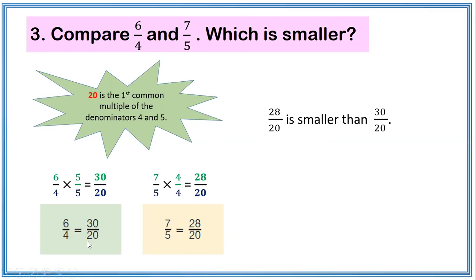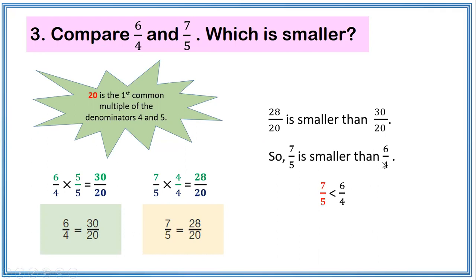So now that they have the same denominator, let us now compare. 28 out of 20 is smaller than 30 out of 20. So 7 out of 5 is smaller than 6 out of 4.